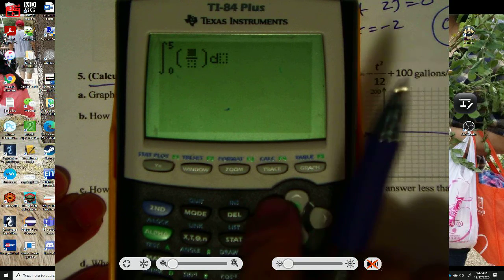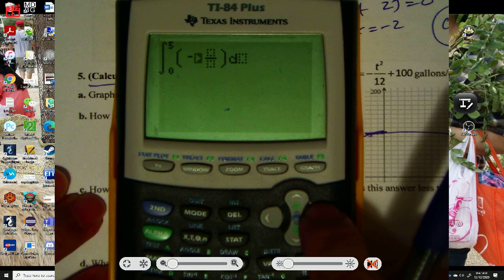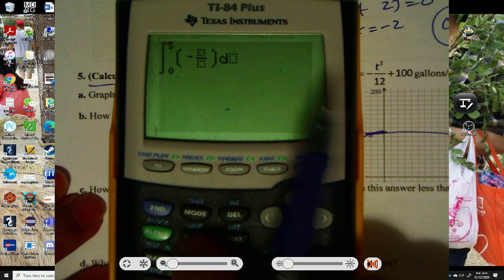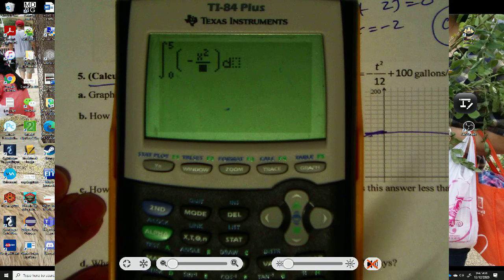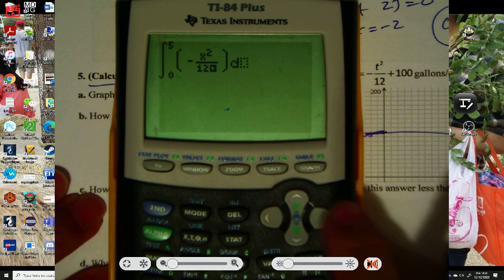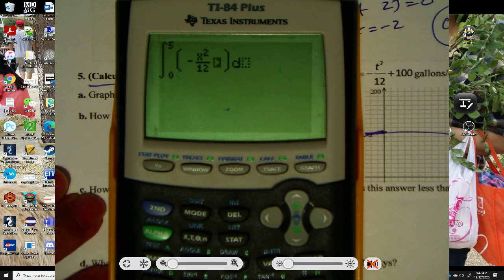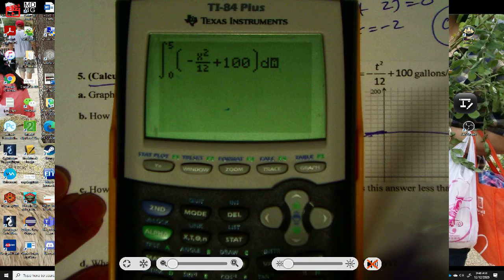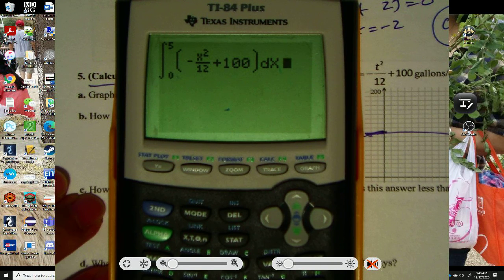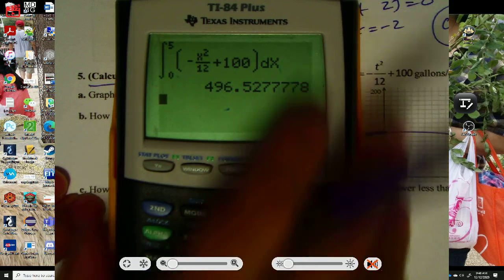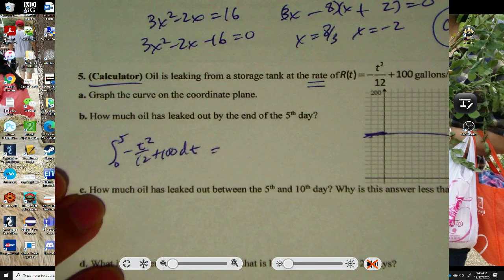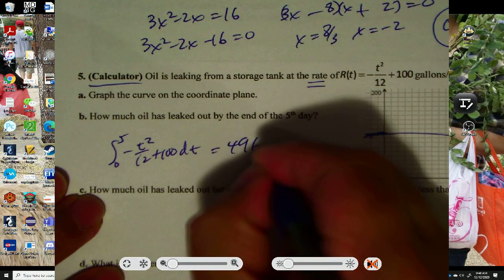I forgot the negative sign, so it's negative x squared over 12 plus 100 and x. So that's it. We just have to calculate it. It's 496.53.